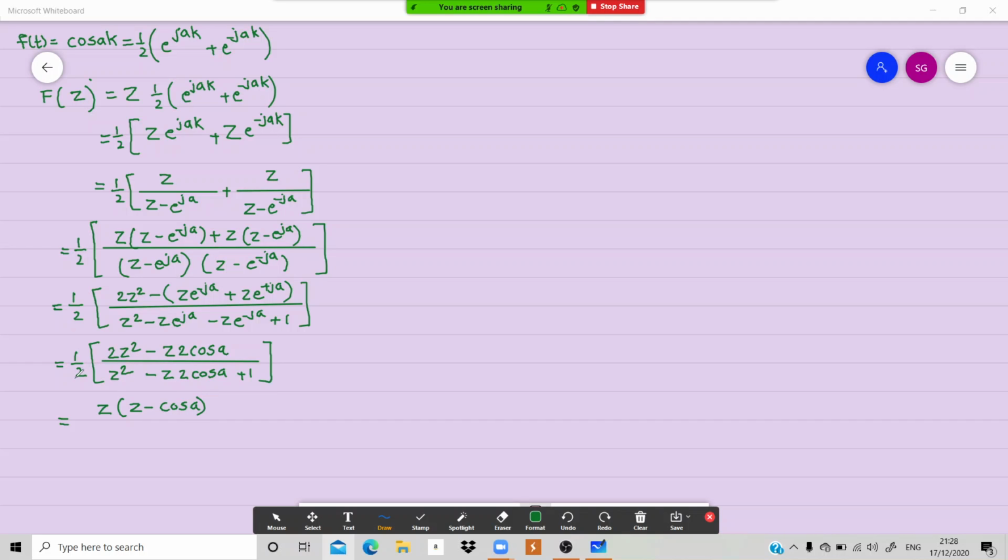This 2 gone, this z gone, divided by z square minus 2z cos a plus 1. This is your F of z, or Z transform of a cosine function.